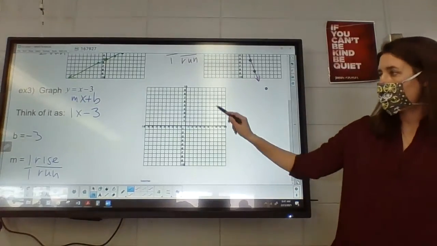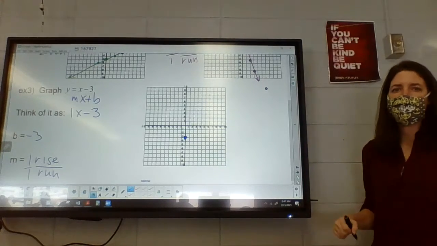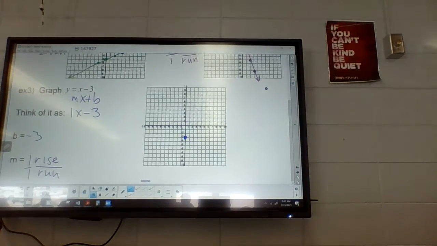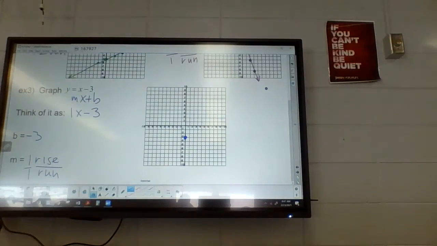So we're going to put a dot, again, beginning on the y-axis at -3. And you might be like, oh, that poor x-axis, nothing interesting happens to it. We don't use that here. And then we're just going to go up 1 over 1 from there.